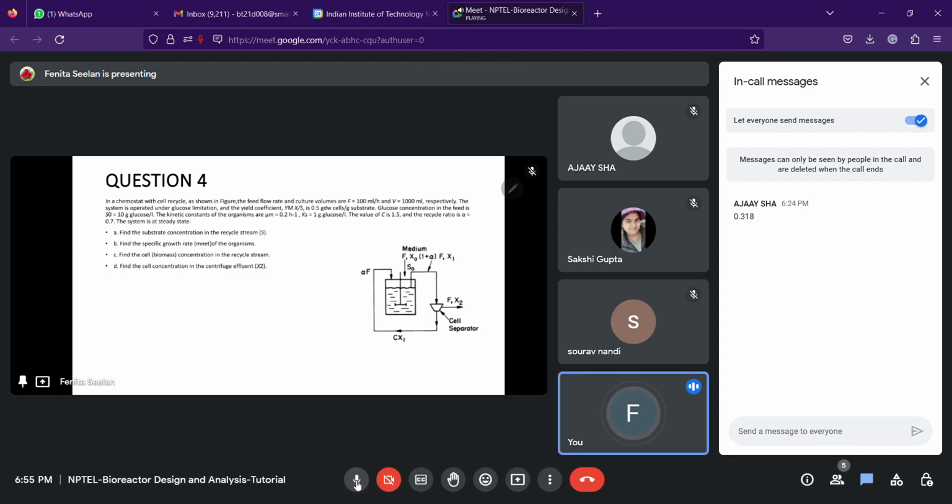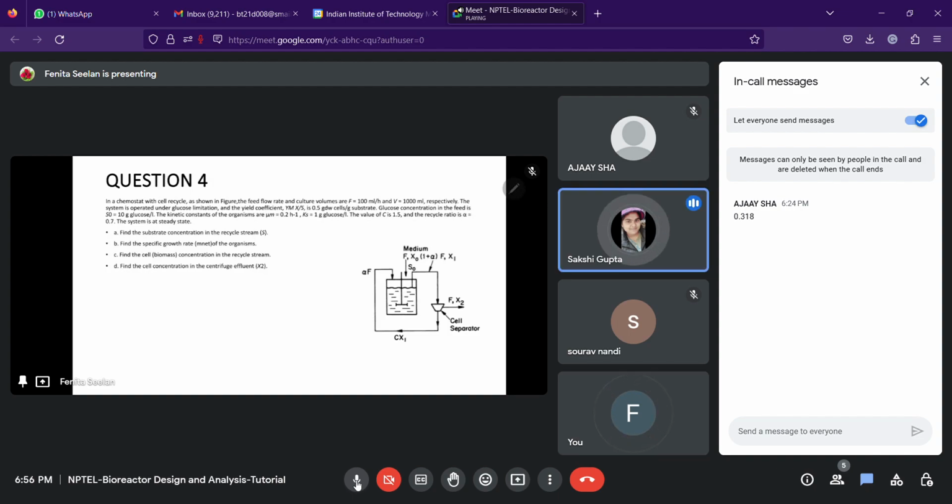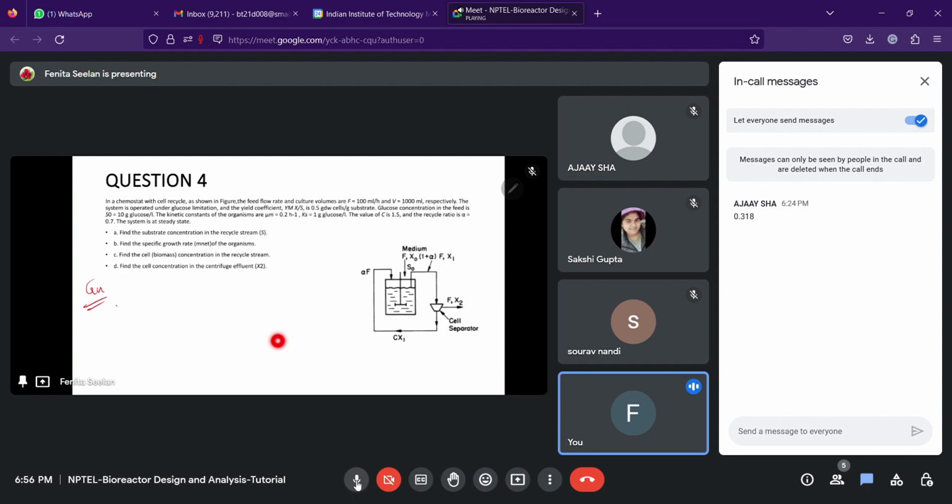So let's start the first problem. Yes, ma'am. So we'll just note down your given values. That is a chemostat with recycle, and your feed flow rate is 100 ml, and your volume is 1000 ml.